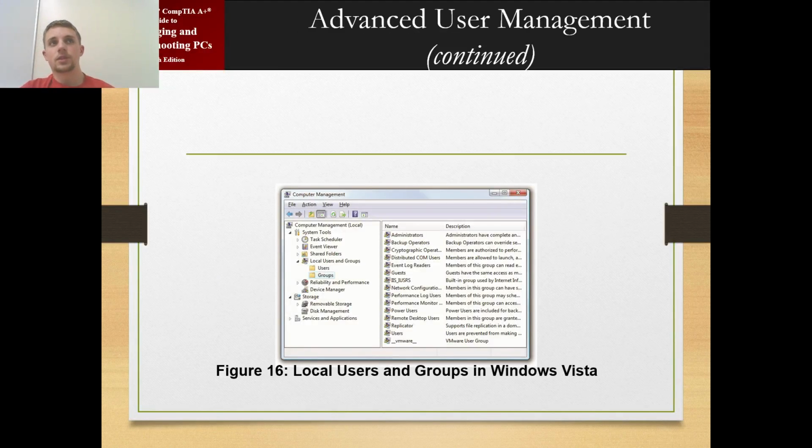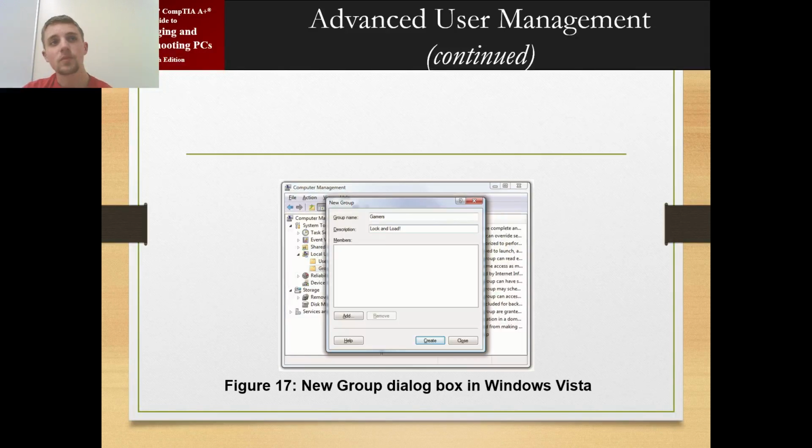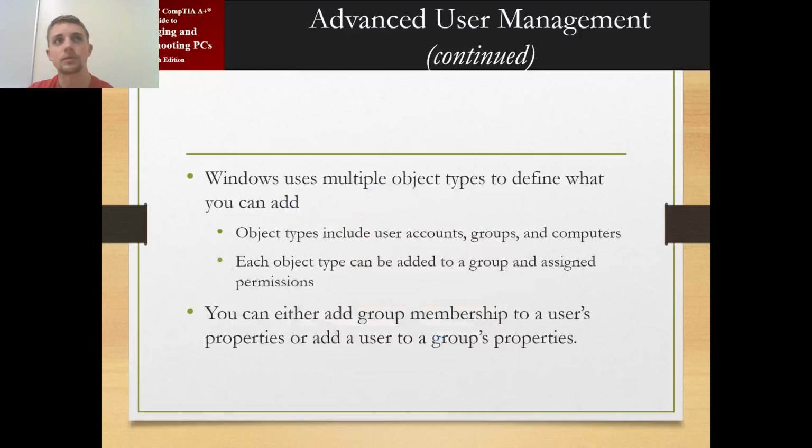That's kind of what it looks like. Pretty much the same thing as what Active Directory Users and Computers looks like, but less advanced because it's local. So users can actually be members of multiple groups.